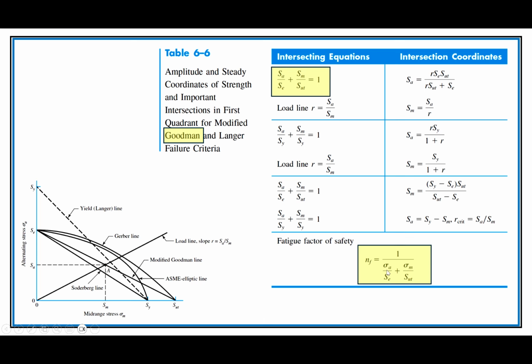You can think of these as apples to apples because we have alternating and then mid-range. So this is alternating stress, and this is fatigue strength, endurance strength. So we're taking the ratio of those, and we're adding to it the ratio of these constant stresses. The mid-range stress is a constant stress, and the ultimate strength is based on constant stress. So it's apples and apples on comparison.